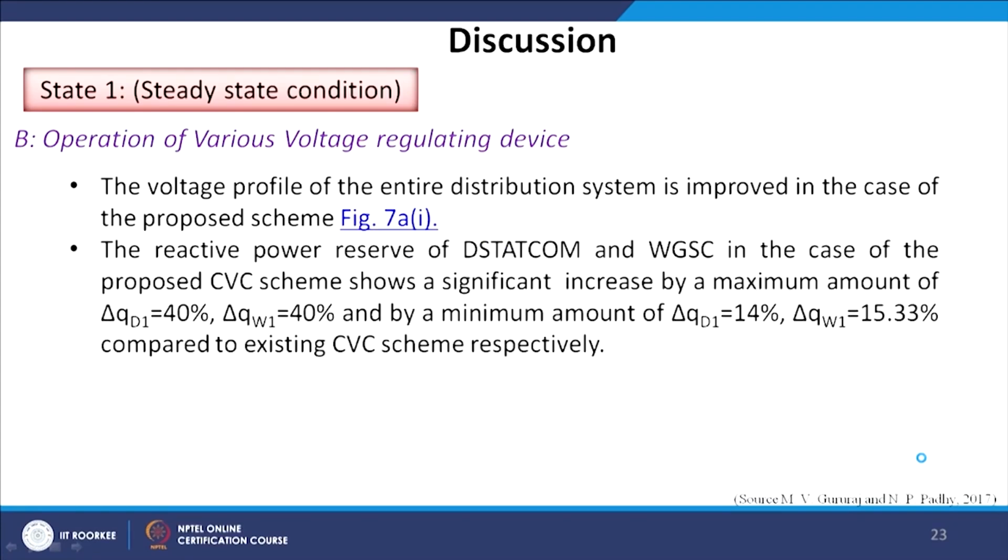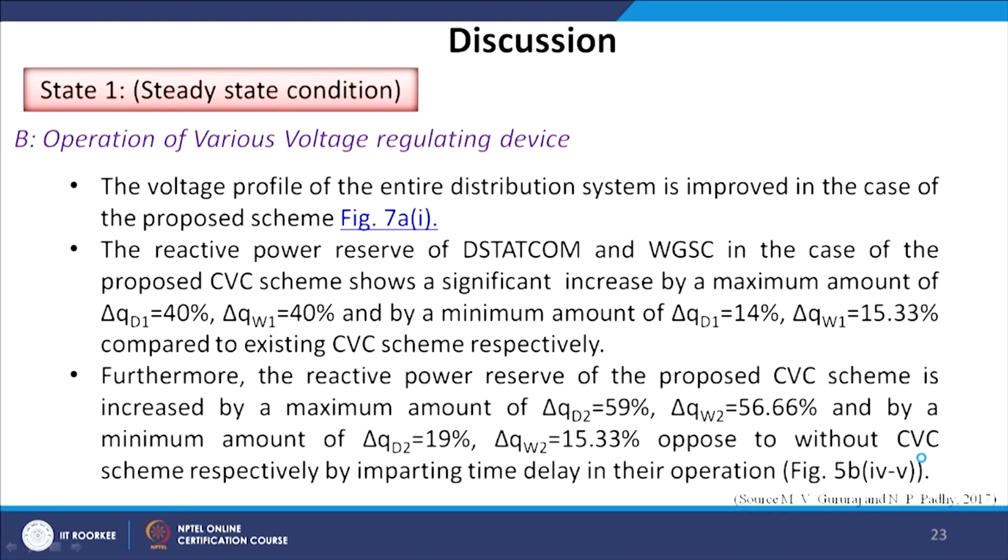The reactive power reserve of the D-STATCOM and the wind generator in the case of the proposed CBC scheme shows a significant increase by a maximum amount of delta QD of 40% and delta QW of 40%, for both D-STATCOM as well as wind generator, and by a minimum amount of 14% and 15.33% respectively compared to the existing CBC schemes.